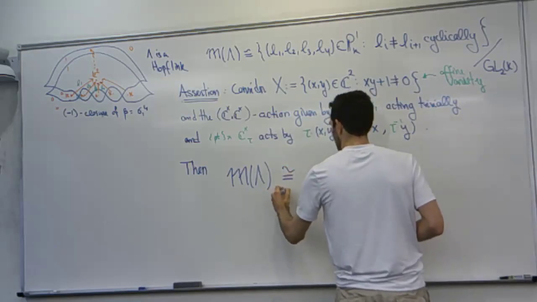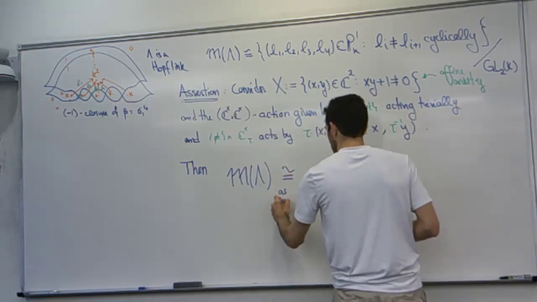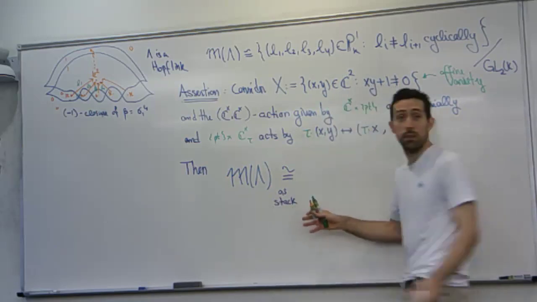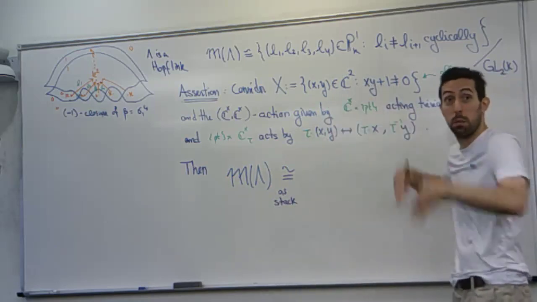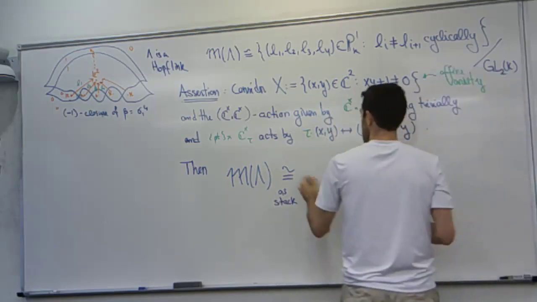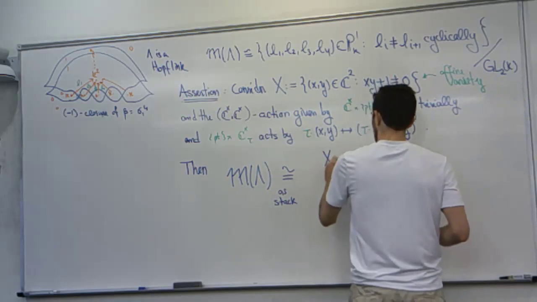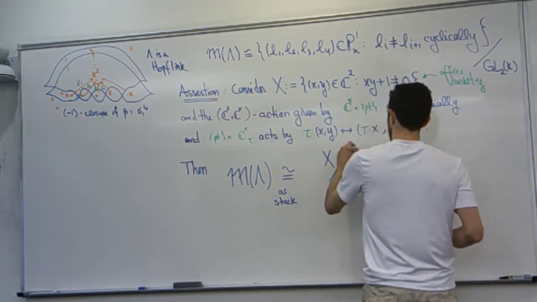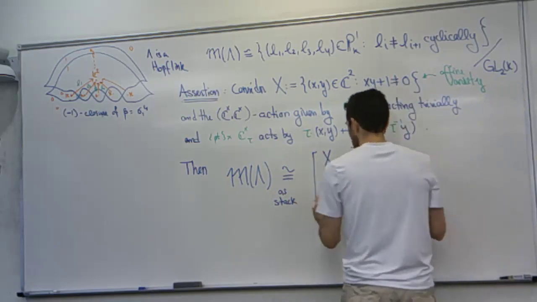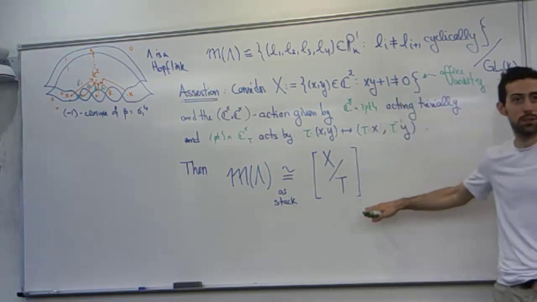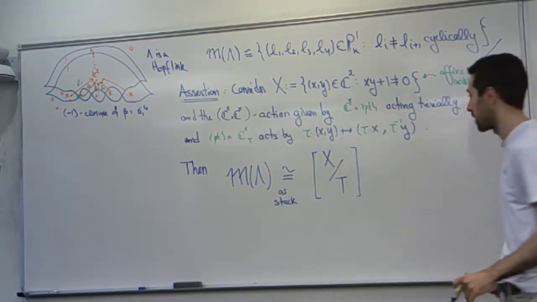The right way to say this is as stacks or as derived stacks, but just think of them as affine varieties modulo something. This is isomorphic to X, quotient by T. And these parentheses are just the way we indicate it's the quotient stack.